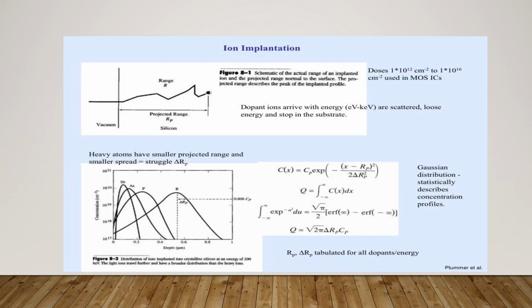So this is called the projected range, which is achieved here. Now when you draw a vertical line, then the curve on the other side, and the difference between these two will give you the delta Rp, which is called the straggle.